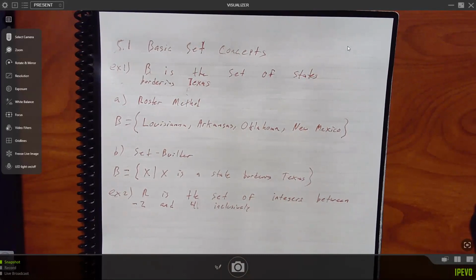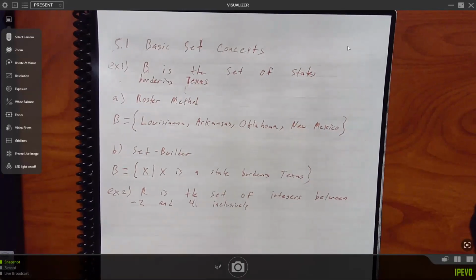If they say the word inclusively, what does that mean? Do we include the endpoints, or do we not?